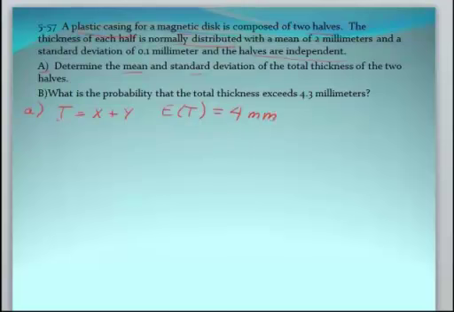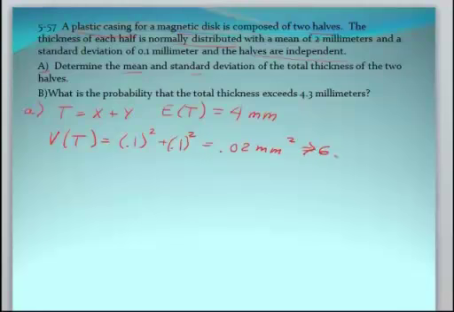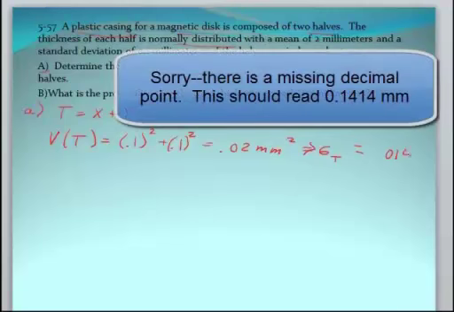So then the variance of that thickness is just going to be, take the variance of each one independently, so this one squared plus this one squared, and that's 0.02 millimeter squared, and then that's going to mean that the standard deviation of that thickness is just the square root of that, which is 0.1414 millimeters. Right, so that's just the square root.